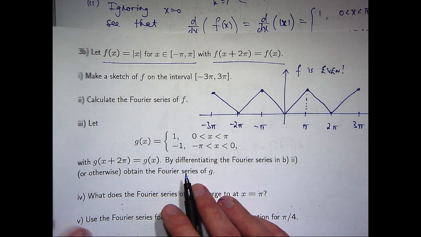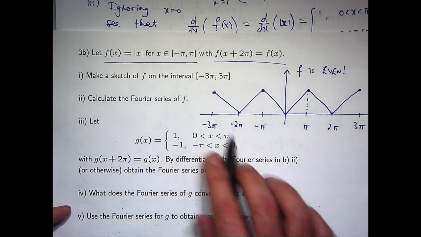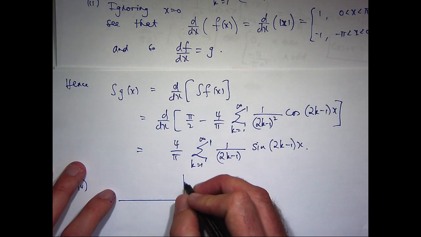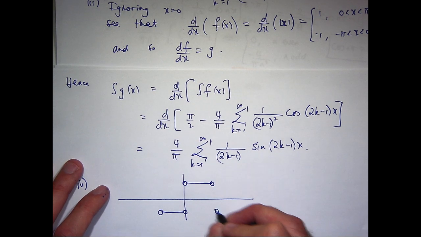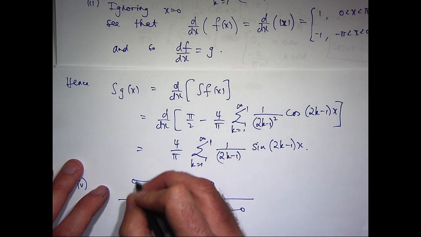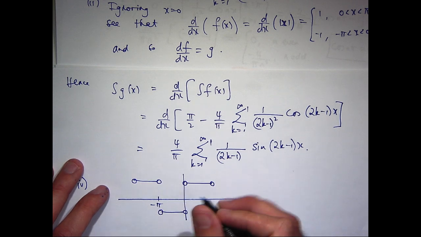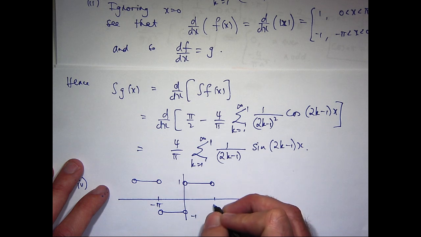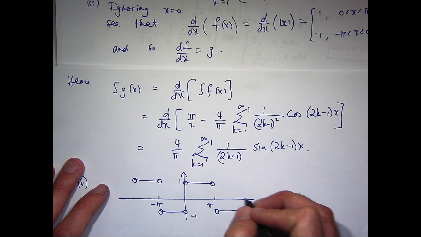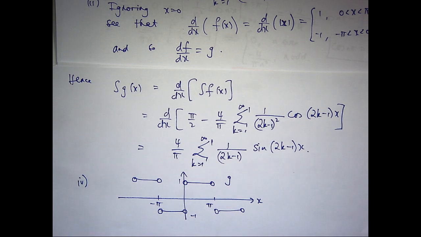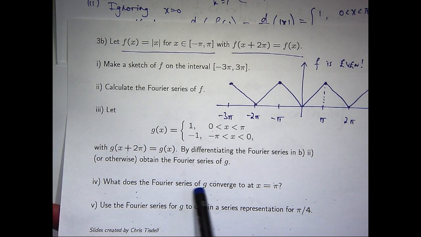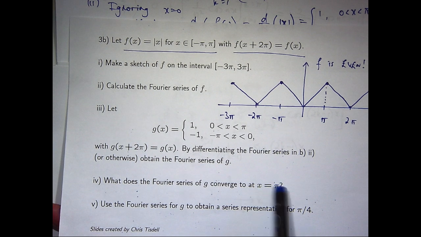Again, it's periodic, so let's just draw in this part on this interval and then copy and paste. Now, the question asks us, what value does the Fourier series of g converge to at x equals pi?